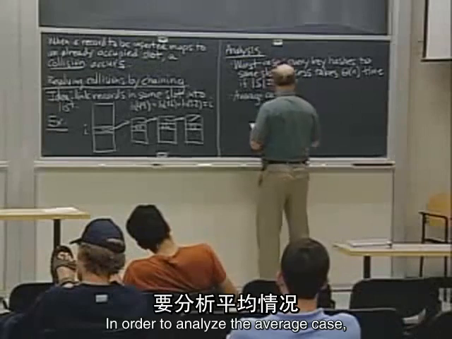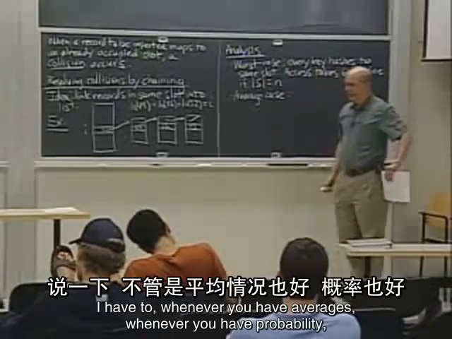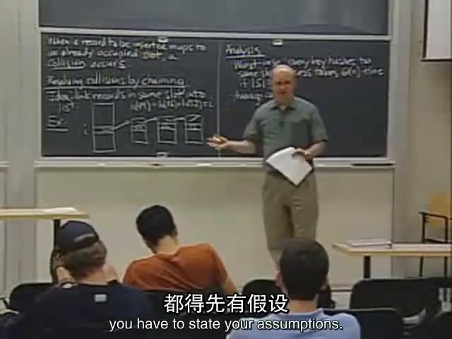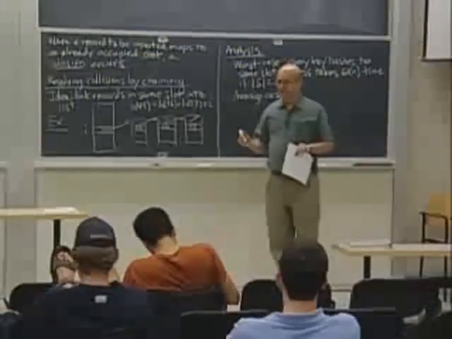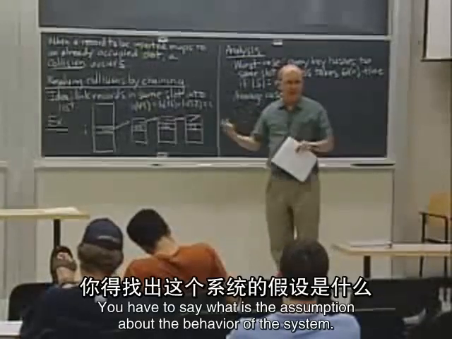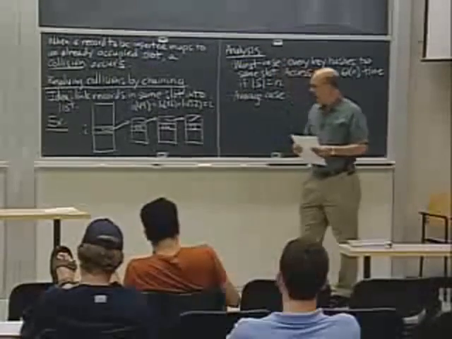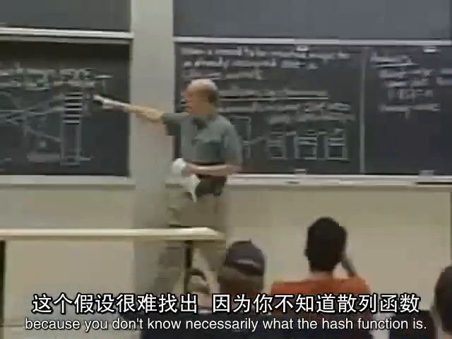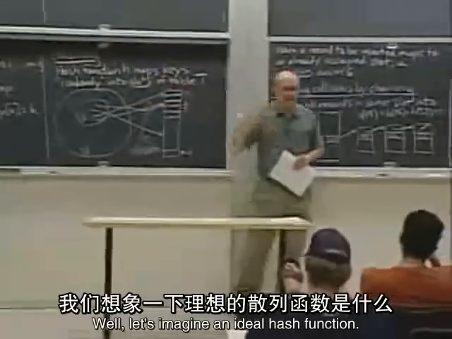In order to analyze the average case, whenever you have averages, whenever you have probability, you have to state your assumptions. You have to say what is the assumption about the behavior of the system. And it's very hard to do that because you don't necessarily know what the hash function is. But let's imagine an ideal hash function.